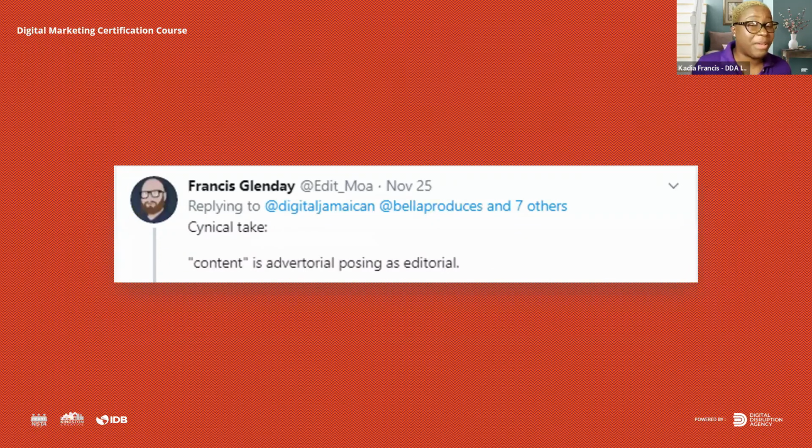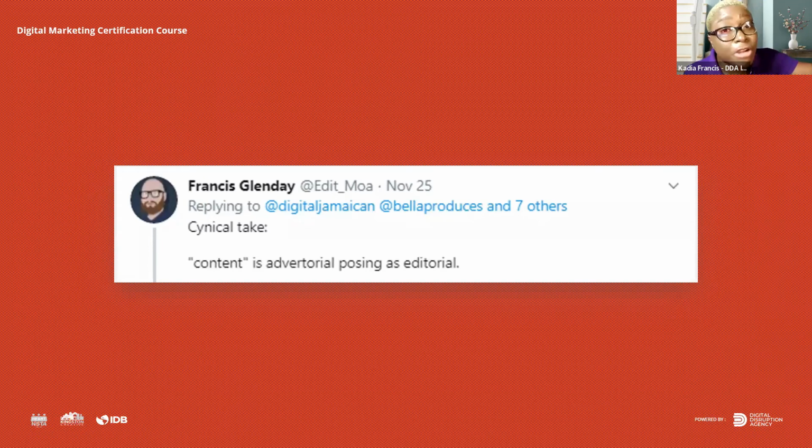And this is probably one of my favorites. Content is advertorial posing as editorial. Earlier, I said that one of the biggest pluses with content and content marketing is that you are still selling, but it's not the hard sell. It's the soft sell. And so instead of a commercial, it is more of a piece of entertainment, right?